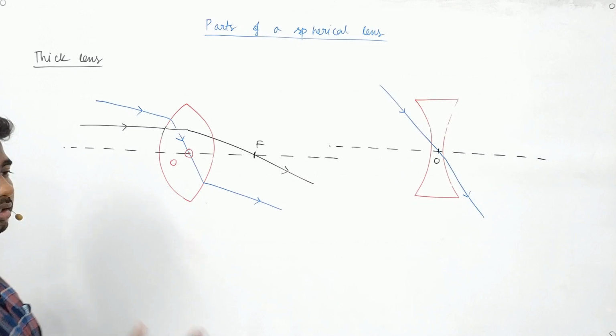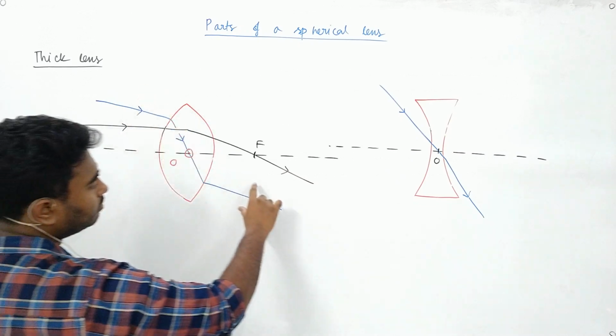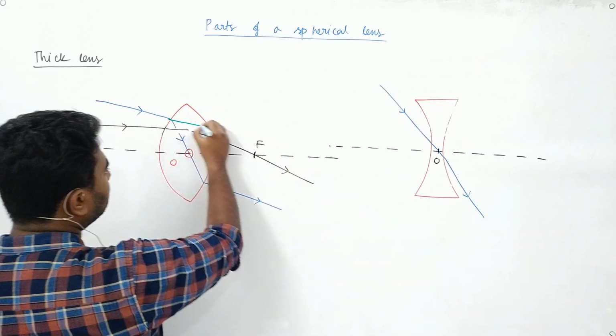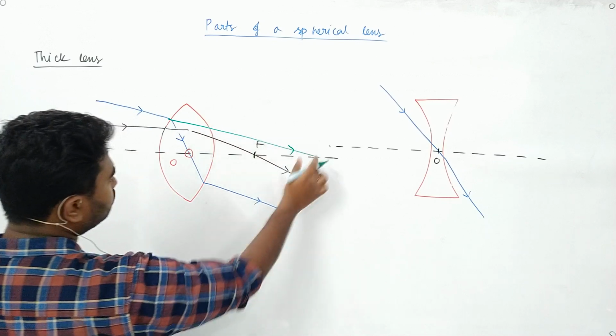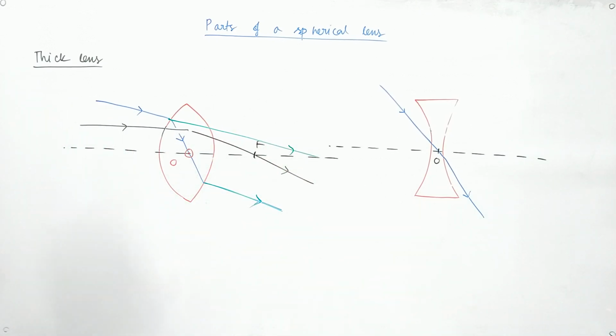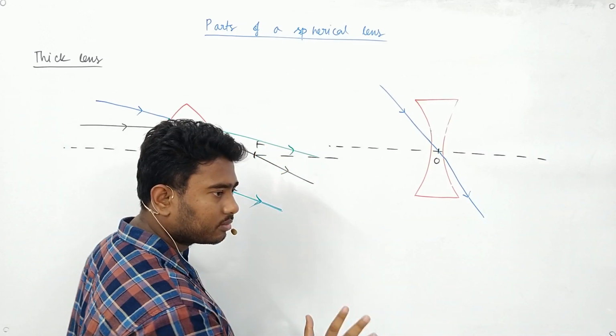But it is necessary that when the ray of light will come, the incident and the emergent directions will be parallel to each other. See, if I extend it, see this one and this one, they are parallel to each other, right? Both of the rays, this green one and this green one, they are parallel to each other, right?